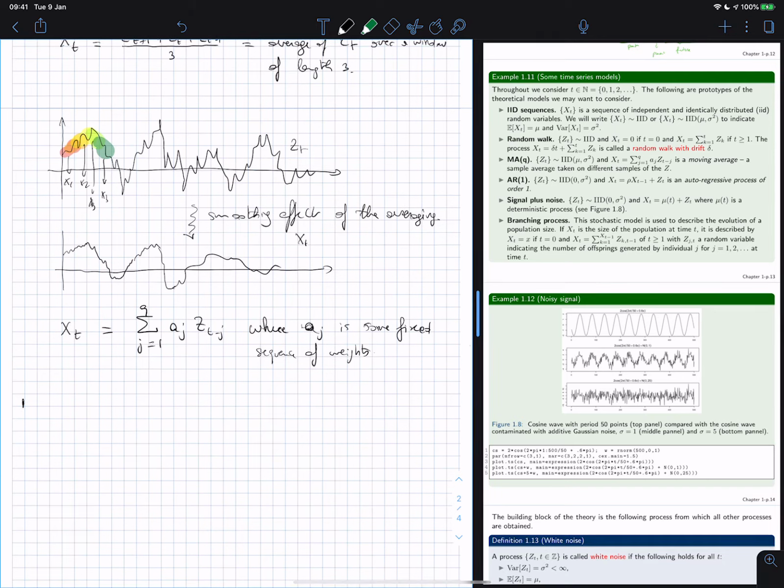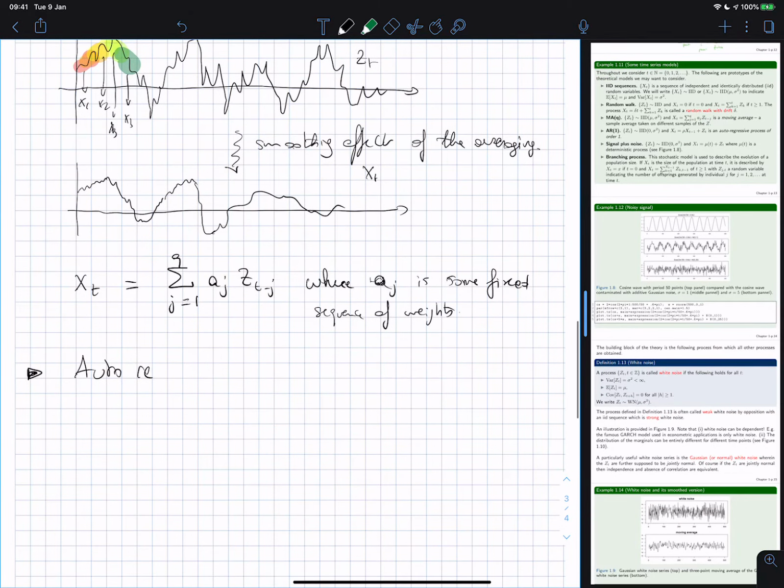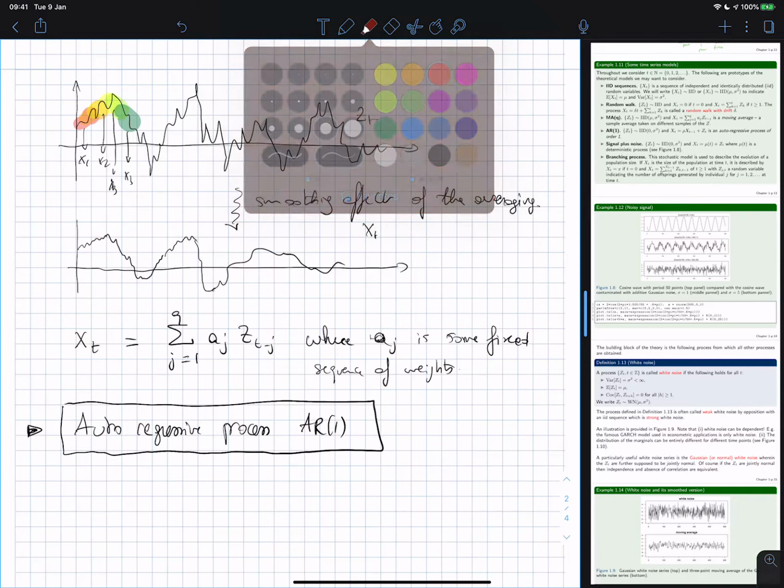Another sequence that you can make from white noise, which will also be very important for us, is the autoregressive processes. I will just give an example of autoregressive of order 1. We will be doing the autoregressive of general order later on.